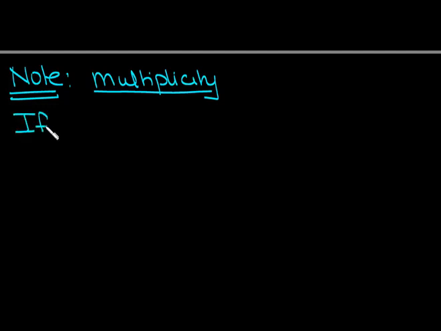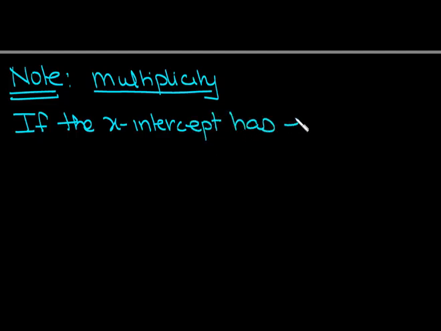This only applies to x-intercepts. If the x-intercept has even multiplicity, remember, multiplicity is the number of times a zero repeats.